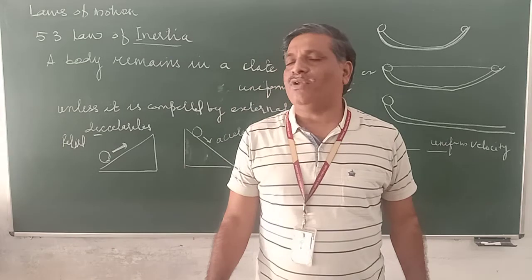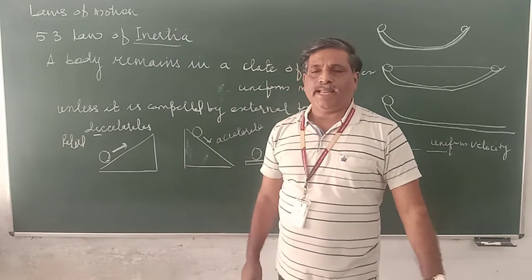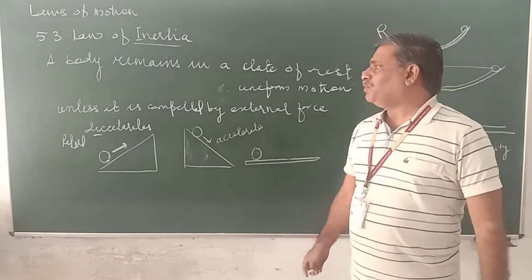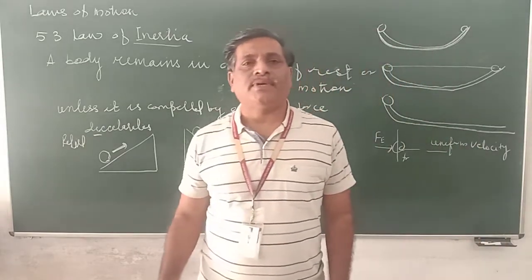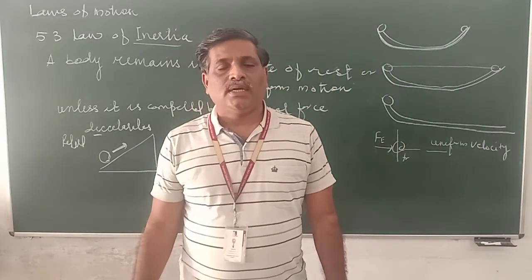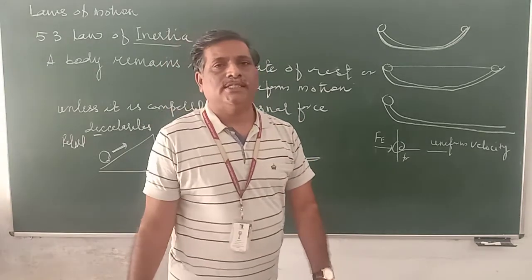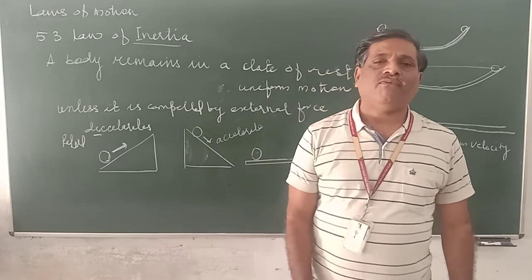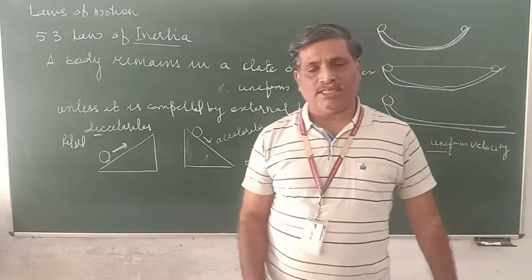It indicates that he reached the conclusion that the rest position and uniform motion are not two different situations. In the rest position, the net force acting on the body is 0, and when the body is moving with a uniform velocity, the net force acting on the body is 0.